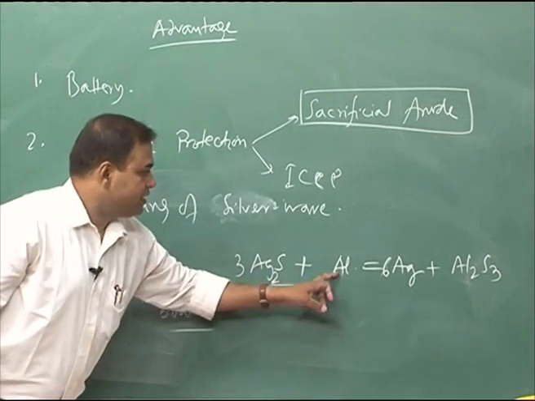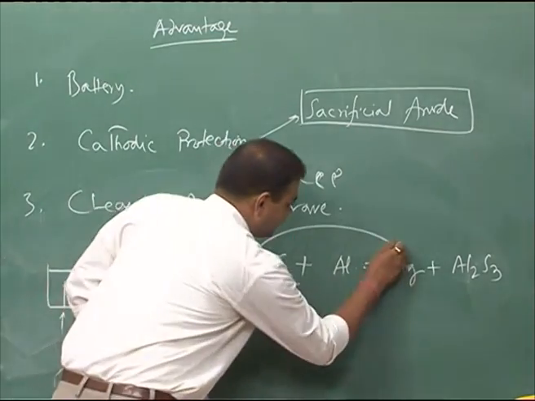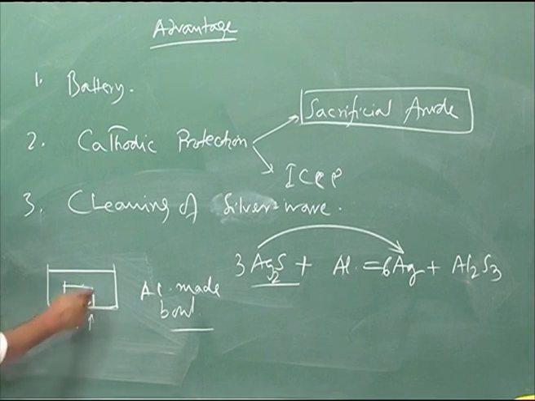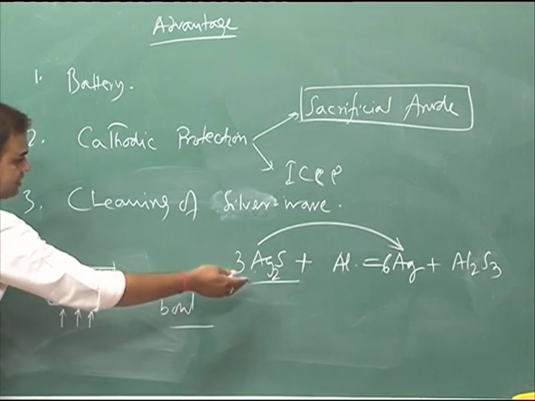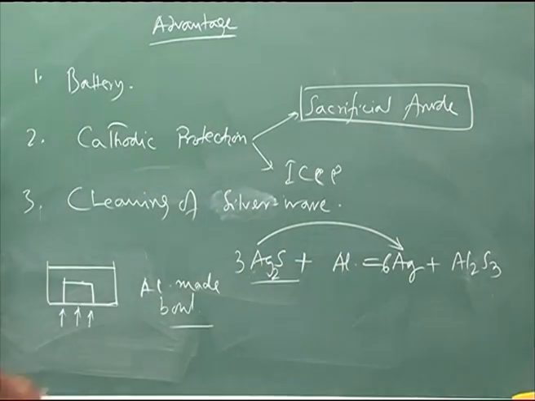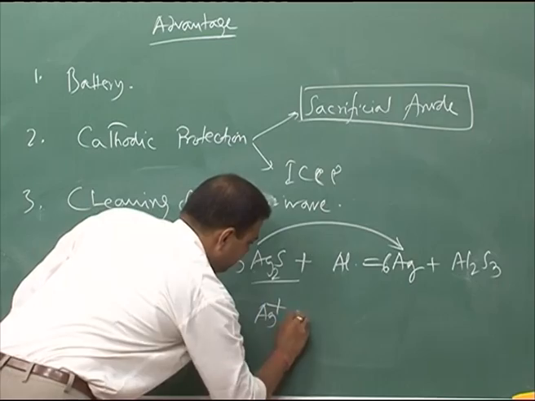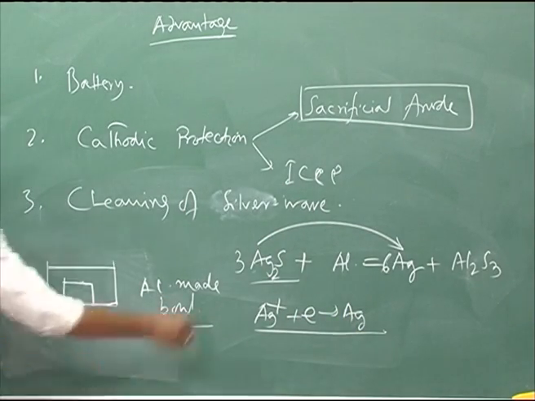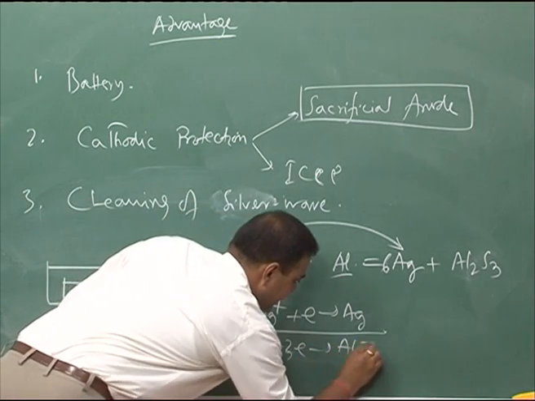So, this will oxidize and this will reduce, and the reduction product is Ag, which deposits back on the silverware. Here Ag plus e goes to Ag, this reduction reaction is happening, and aluminum releases 3 electrons going to Al3+.